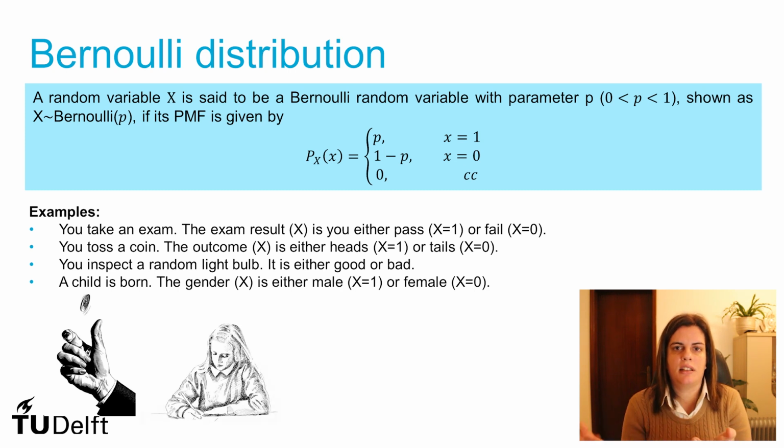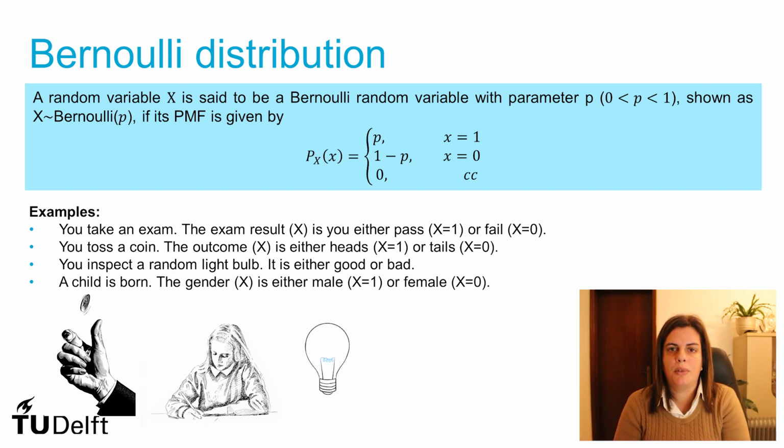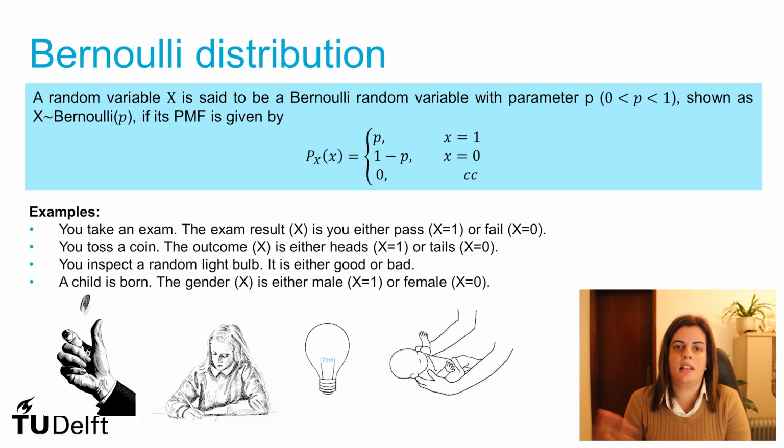Taking an exam, I either pass or I fail. If I pass, I have success, with a probability of p. If I fail, it has another probability, 1 minus p. The inspection of a light bulb or any other type of equipment, the test either passes or fails, so 1 or 0. Another example: a child is born, it is either female or male, so one case or the other.